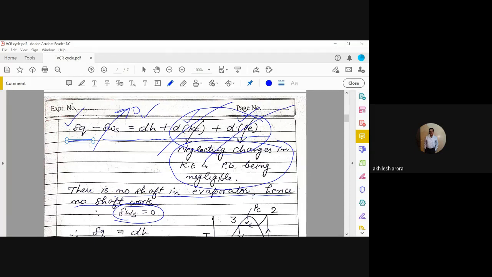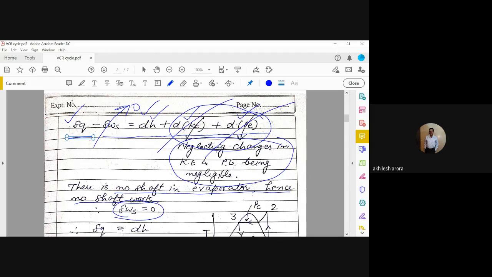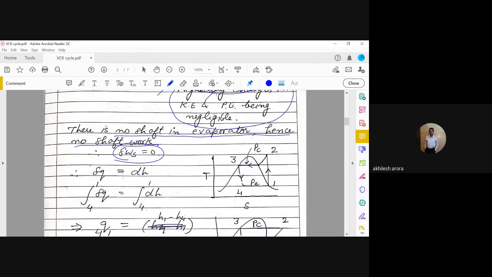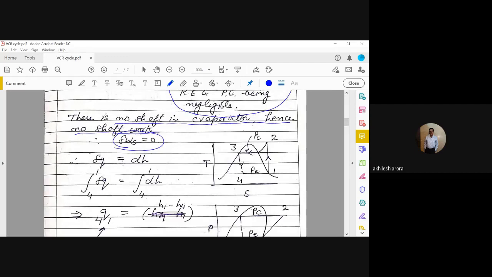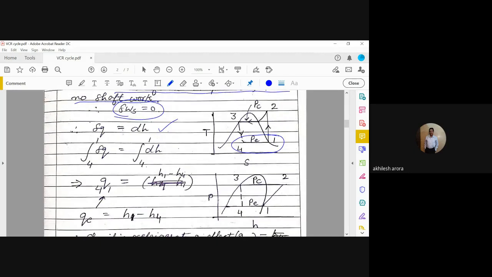So delta Q is the term which is remaining, and dH is the other term which is remaining. So here you can see delta Q is equal to dH. I can apply this equation for the process 4 to 1, which is shown here in the TS diagram. After integration, I will get Q4 to 1 is equal to H1 minus H4.